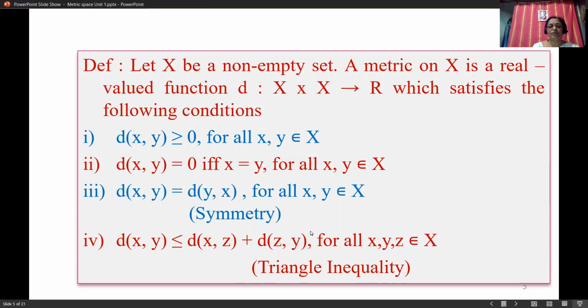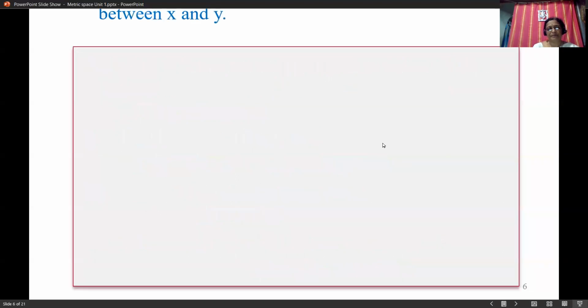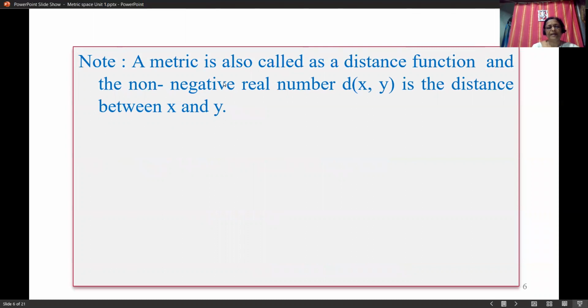And if these 4 conditions are satisfied, then the real valued function D is called a metric. Note, a metric is also called a distance function, and the non-negative real number D of xy is nothing but the distance between x and y.